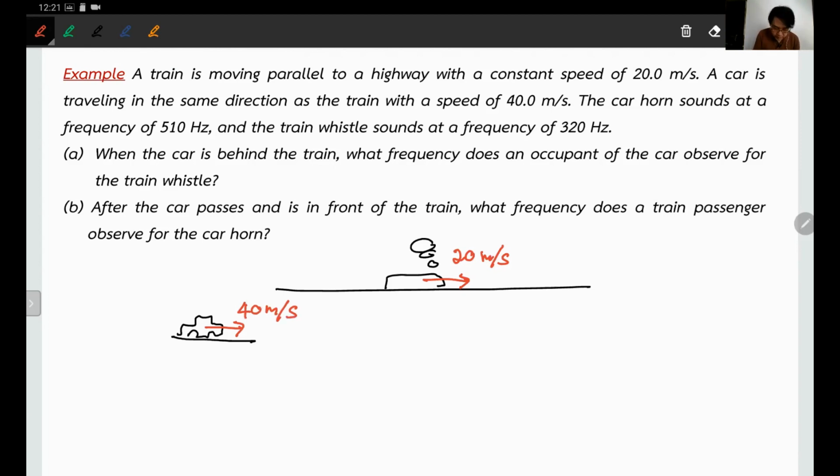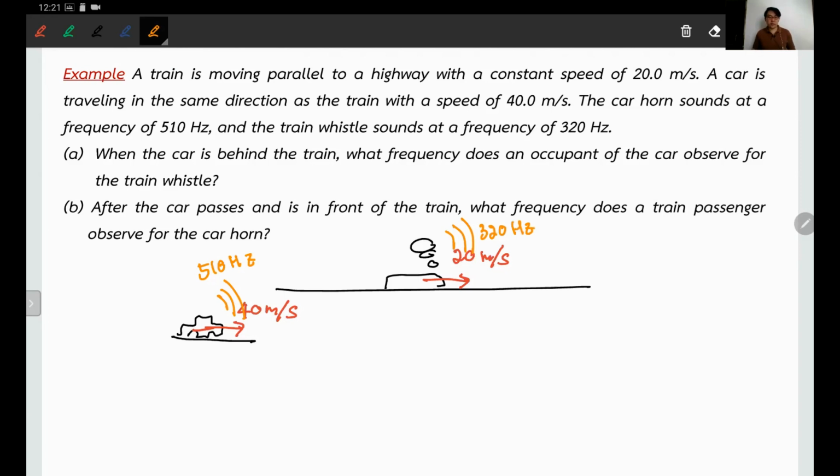Well, I should draw longer arrows, but that's okay. Now, the car horn sounds at a frequency of 510 hertz. And the train whistle sounds at 320 hertz. There you go.